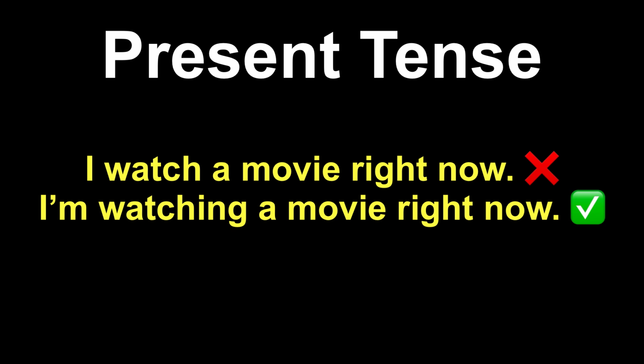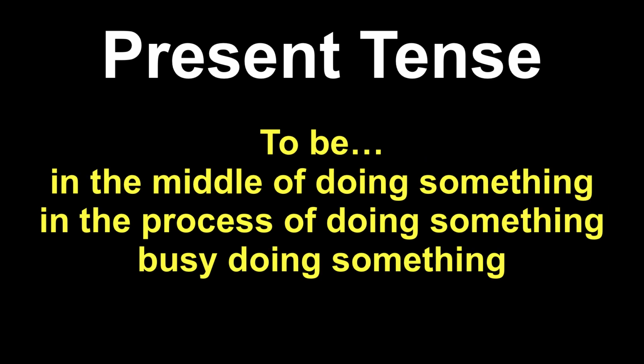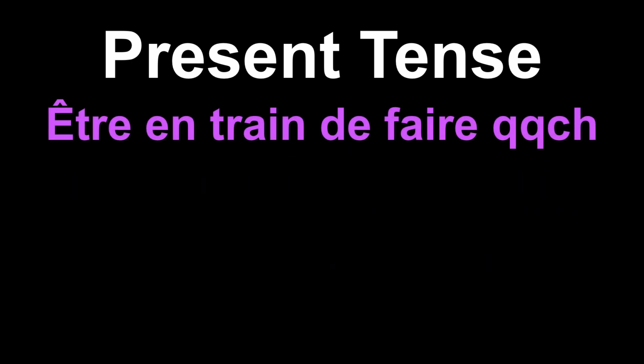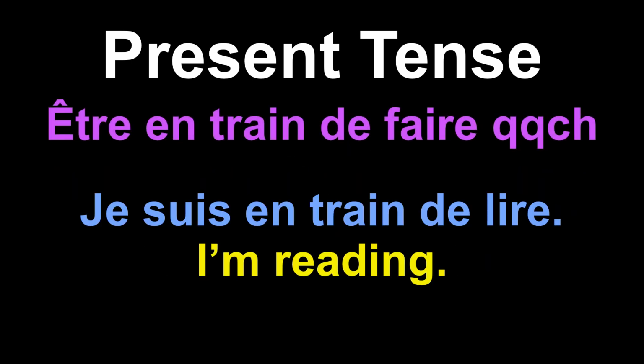Now, a few notes. There is a pattern in French that can be used to emphasize that we're currently doing something, that we're in the middle of doing something, as we say in English, in the process of doing something, or busy doing something. So this is a pattern, être en train de faire quelque chose. For example, je suis en train de lire. I'm reading.